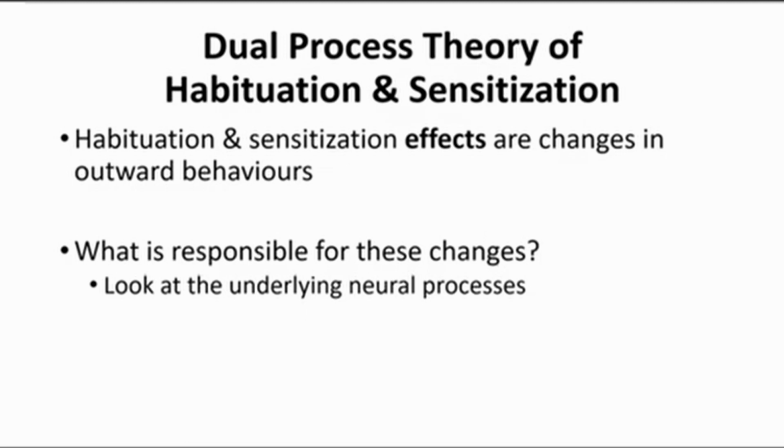And these are the changes in outward behavior that we're observing. But as much as we've talked about the fact that these outward effects occur, we haven't really talked about what's responsible for those changes, what's actually driving those effects. So now we're going to look at the underlying neural processes. So what are the mechanisms that drive habituation and sensitization effects?